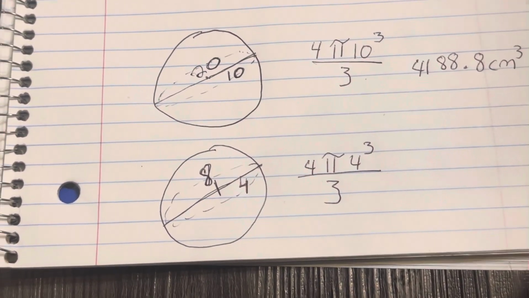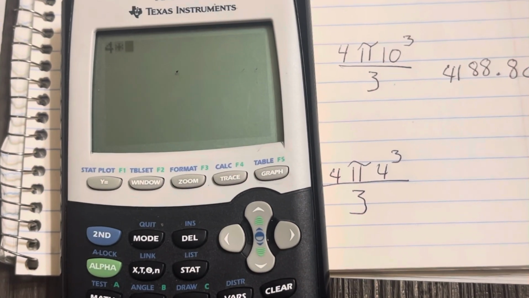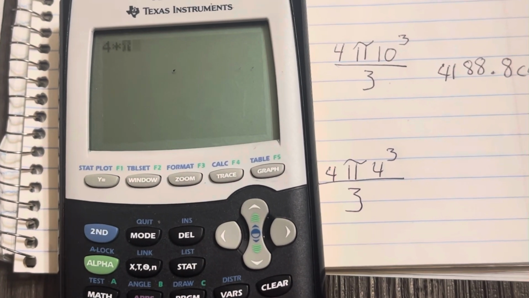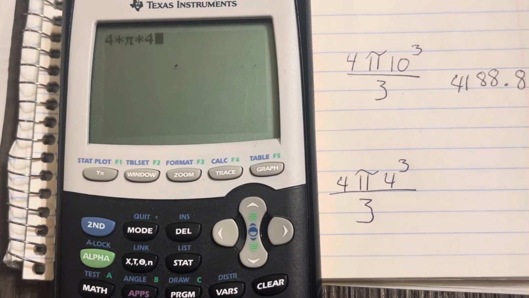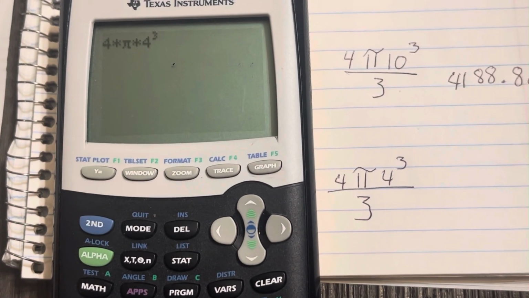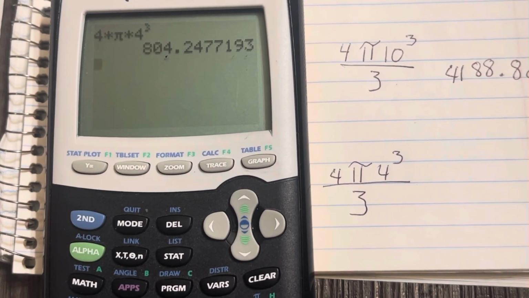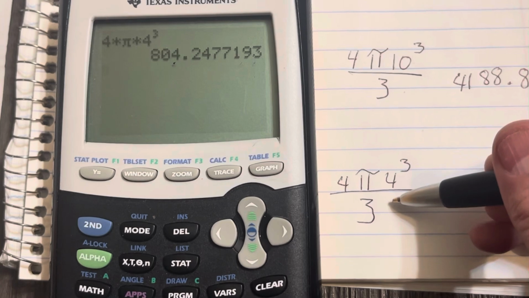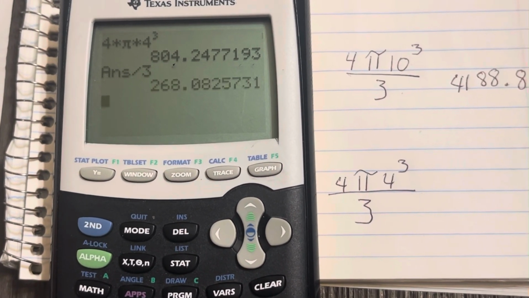Now we're ready for our calculator. 4 times pi times 4 to the third power gives us this answer right here. And then our second step, we go ahead and divide by 3.